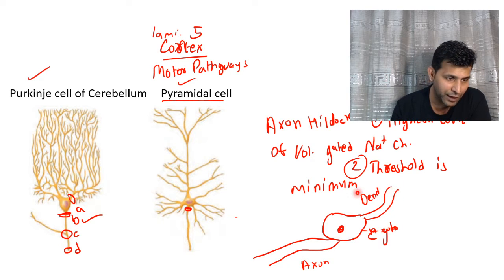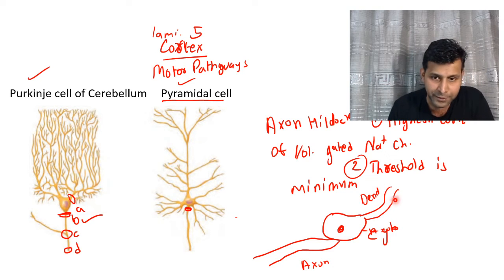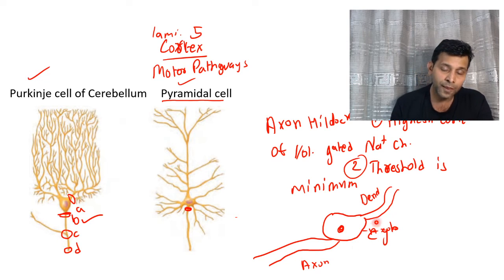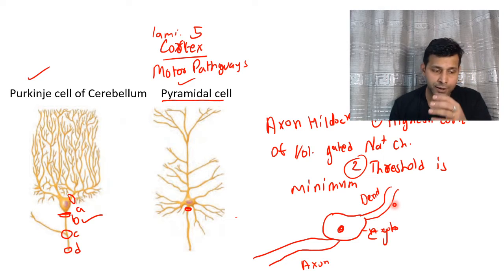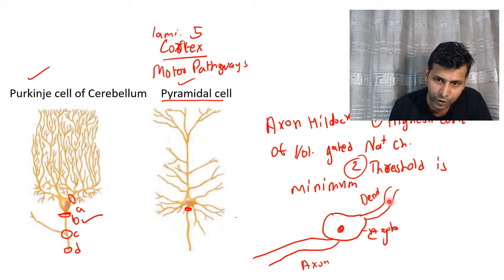I'll repeat again what I am asking here. As we have just drawn in a pictorial manner, the dendrons, cyton and axon form one unit of a neuronal cell. All of us know that there is first action potential in the axon or axon hillock. Then what do we call the impulse which travels from dendron to cyton and from cyton to axon hillock?